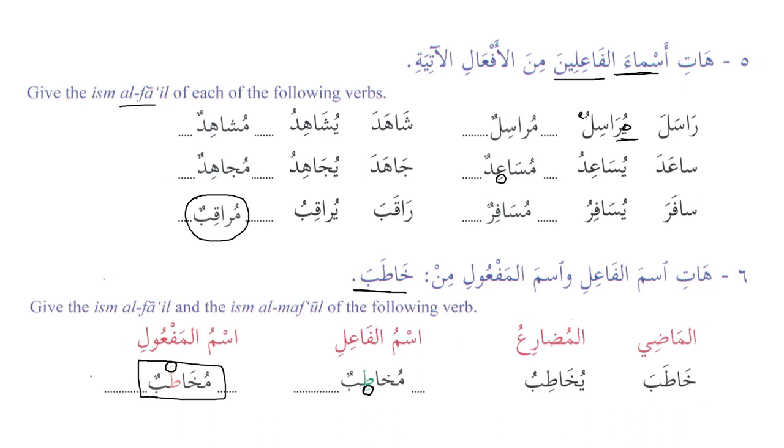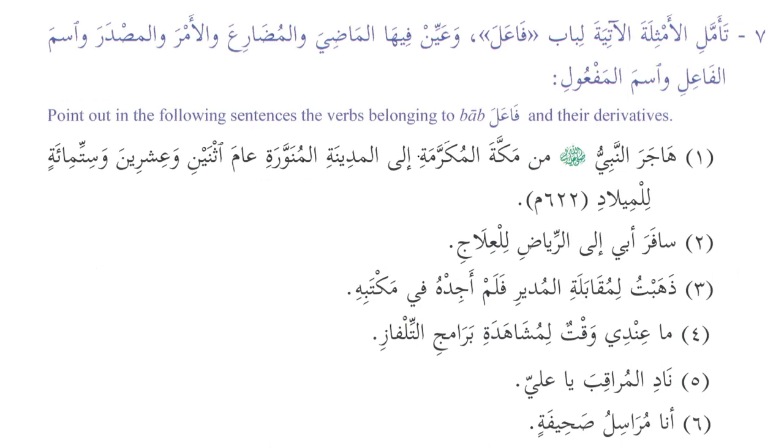Ghaib like huwa wa hiya wa hum, mukhatab like anta, antuma, antum, anti, antuma, antunna, and then al mutakallim, ana wa nahnu. Excellent. All right. تأمل الأمثلة الآتية لباب فعل. Again, we have to reflect on the examples of فعل. وعين. What is عين?